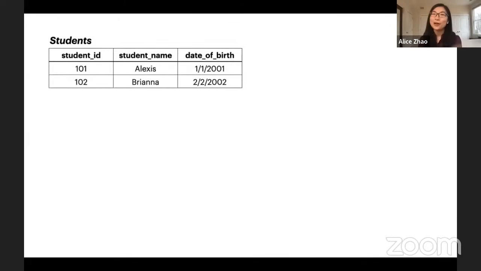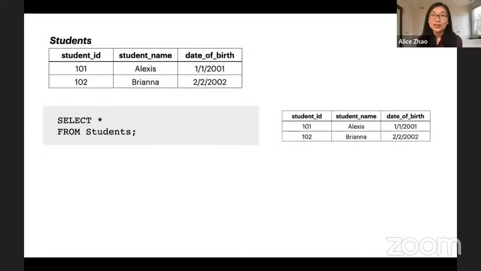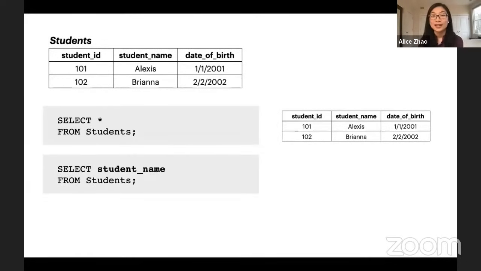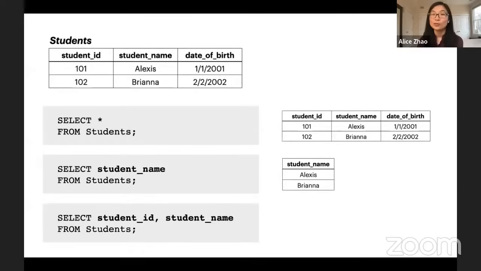Okay, so now let's get to writing some queries. So this was a students table from our student grades database. And if I write my most basic SQL query on it, this is what I get in return. So all the columns are returned. I can say just return the student name, and then just that column is returned. I can say return these two columns, and then those two columns are returned.